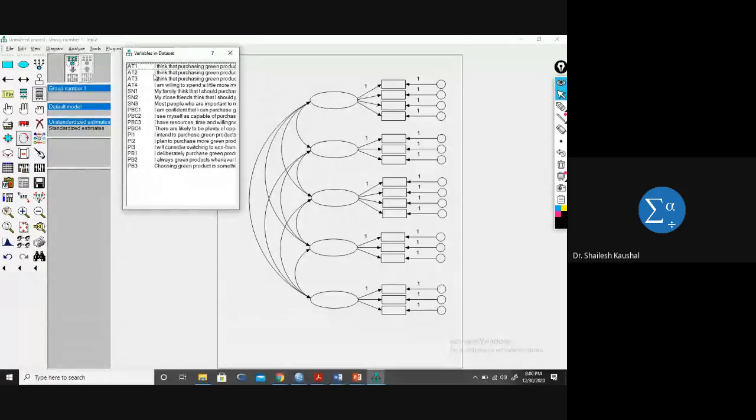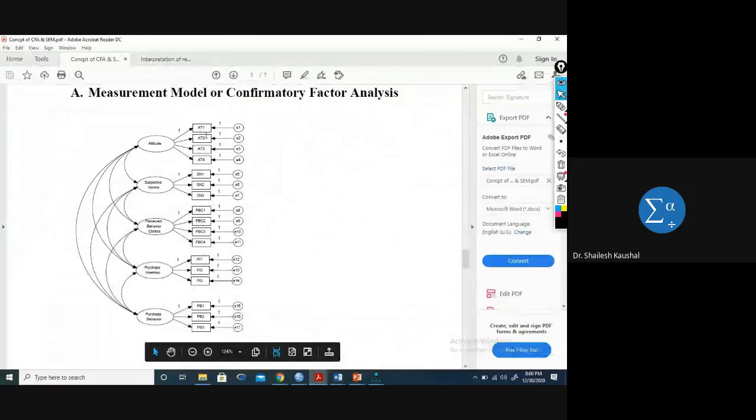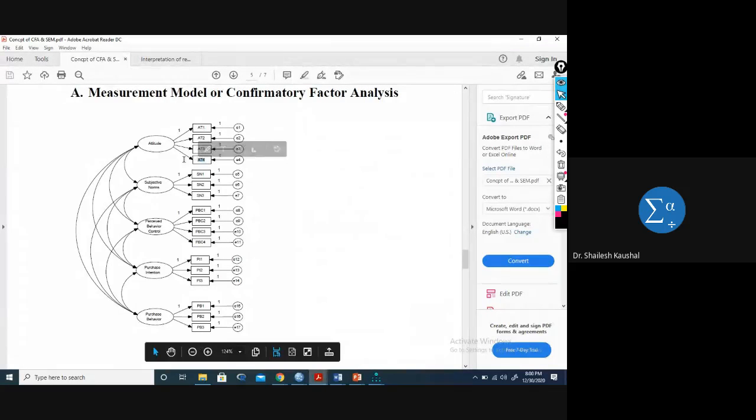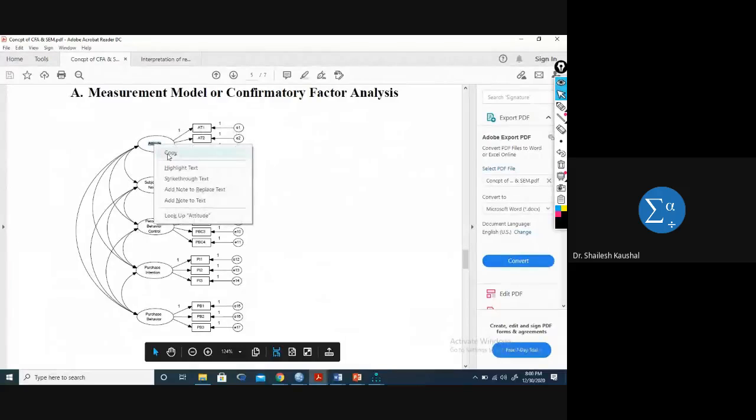Now I will put all the values here, because I should name them like q1, q2. These are the question variables, and the variable name of this construct is attitude. I can write it manually, no problem, but I am copying.